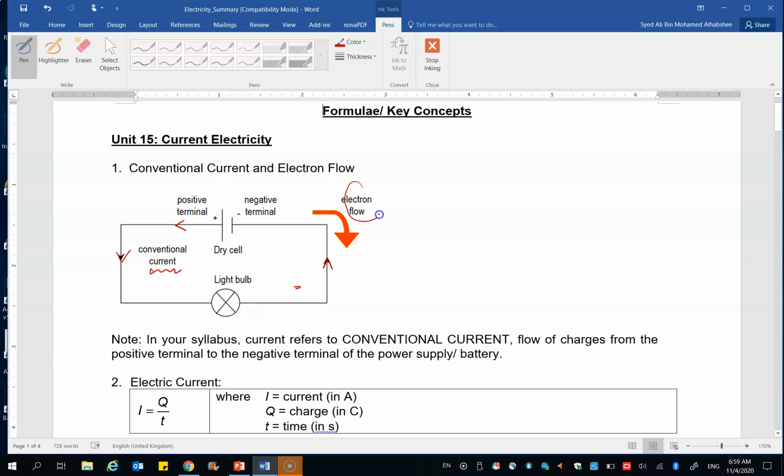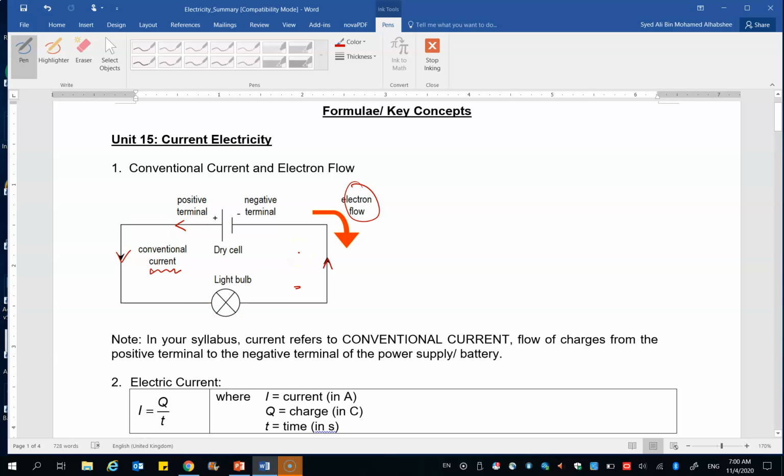So what is this thing over here? Only later on did people realize that current is due to the flow of electrons. Before that, people didn't know. People thought that current was due to the flow of charges that travel from the positive terminal to the negative terminal. But because we have been using it for so long, even up to now, when we say current, we use it as the flow of charges from positive to negative.